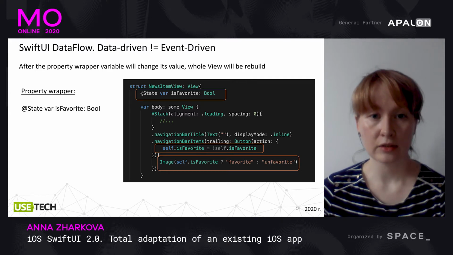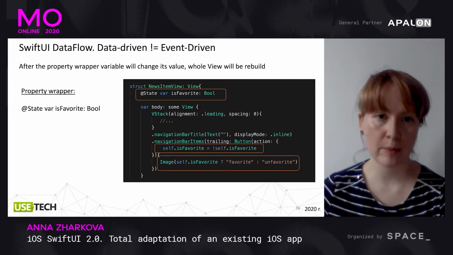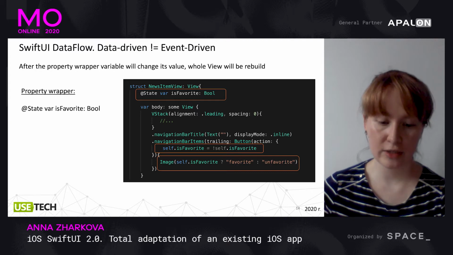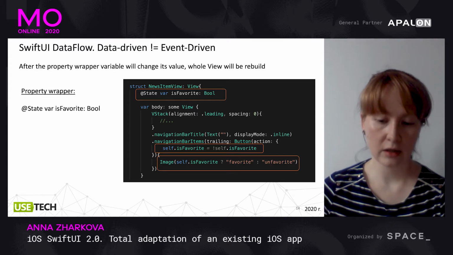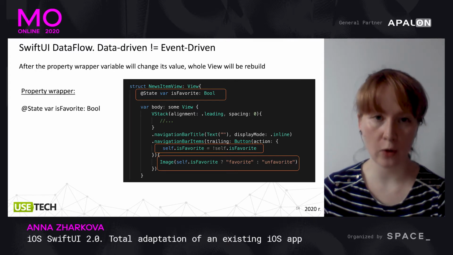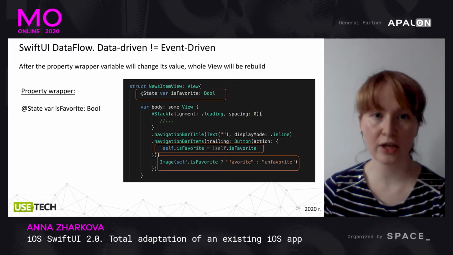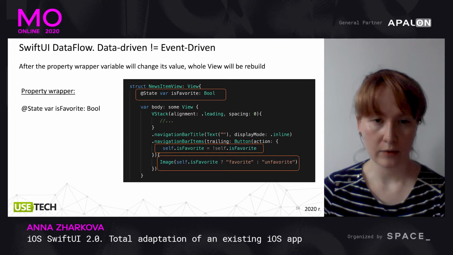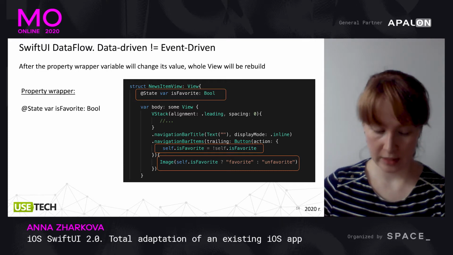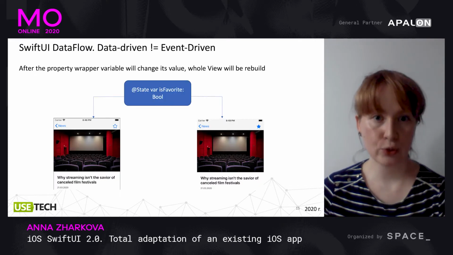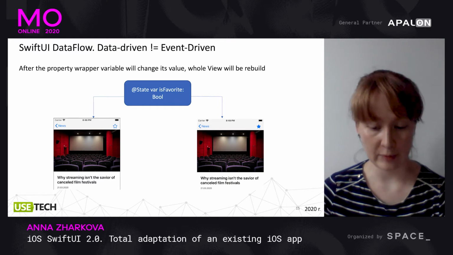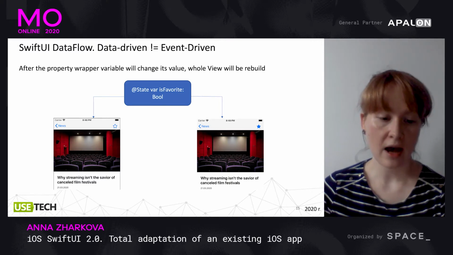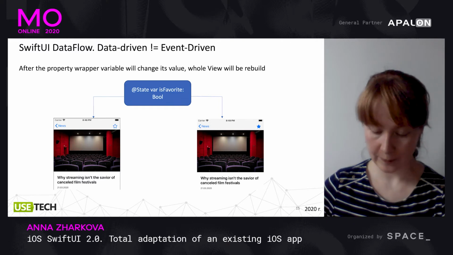When you click on the button, you change the property, and this change causes the rebuilding of your whole view, and then your image gets a new source. So you get two states depending on one variable. And this is how the data-driven data flow works.